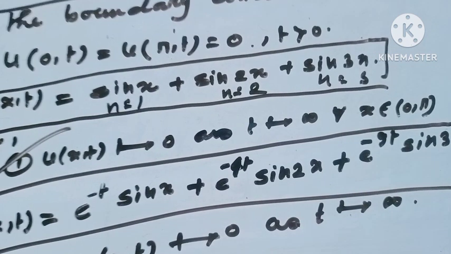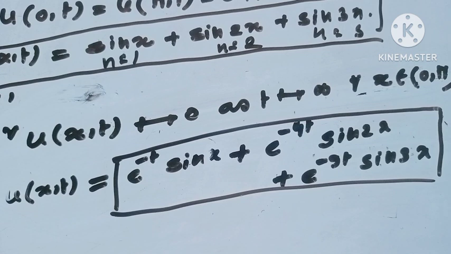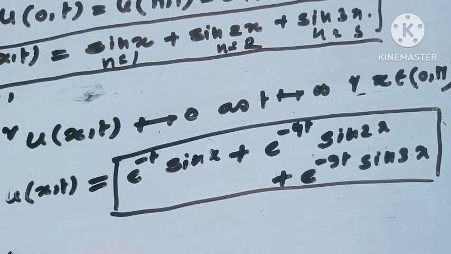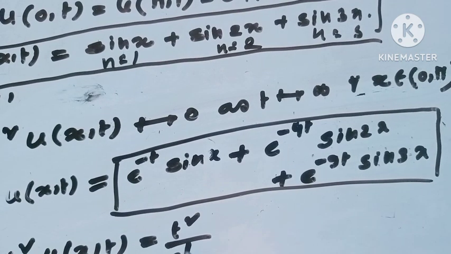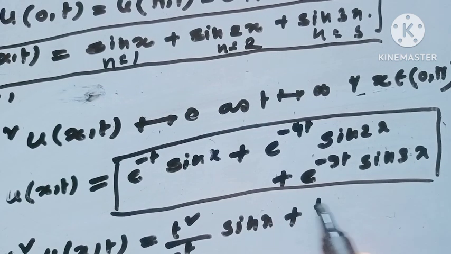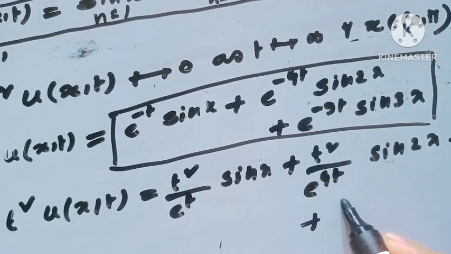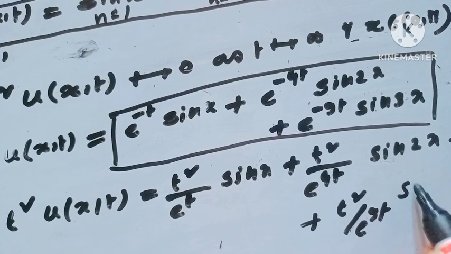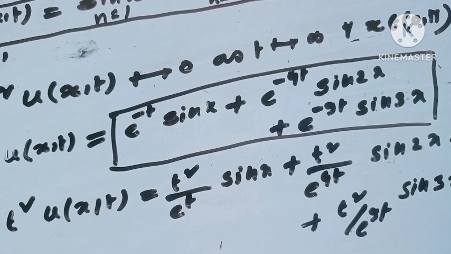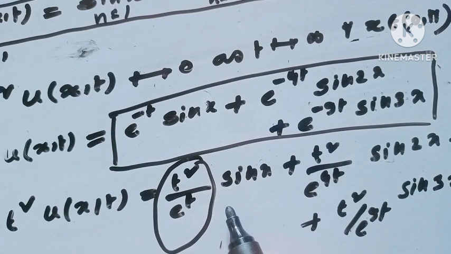That means option 1 is a right option. Second option: since u(x,t) = e^(-t) sin x + e^(-4t) sin 2x + e^(-9t) sin 3x, then t² u(x,t) means t²/e^t sin x + t²/e^(4t) sin 2x + t²/e^(9t) sin 3x. Take t²/e^t: when t goes to infinity this is infinity over infinity, so apply L'Hospital's rule.